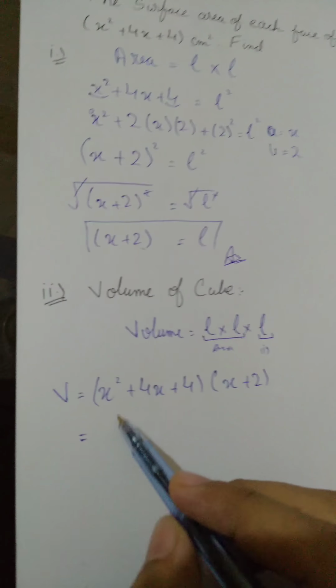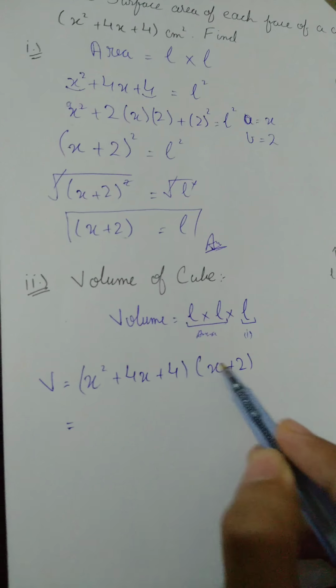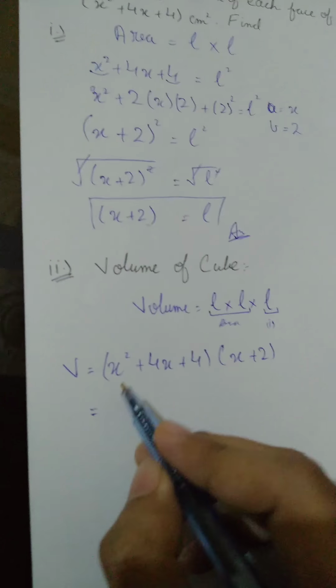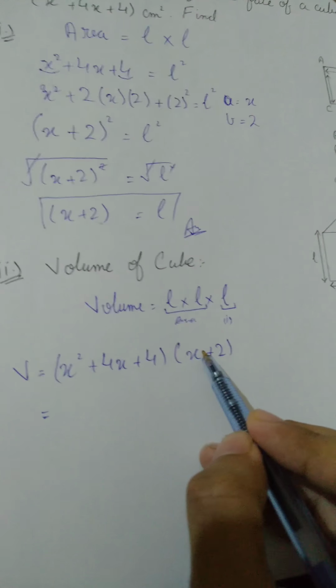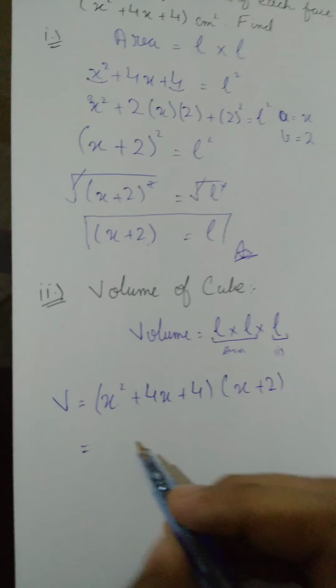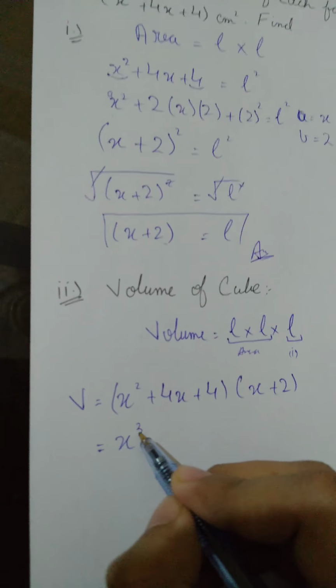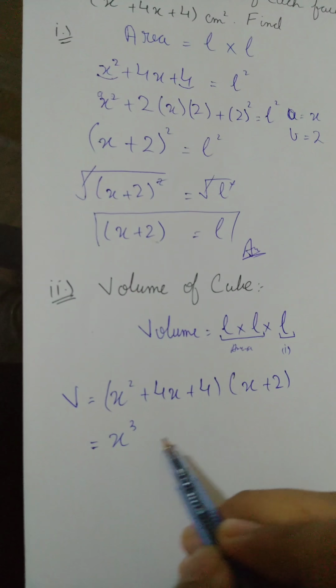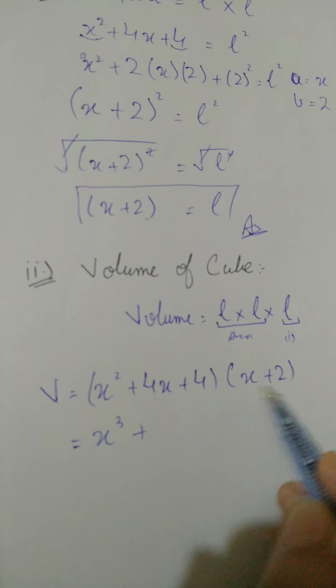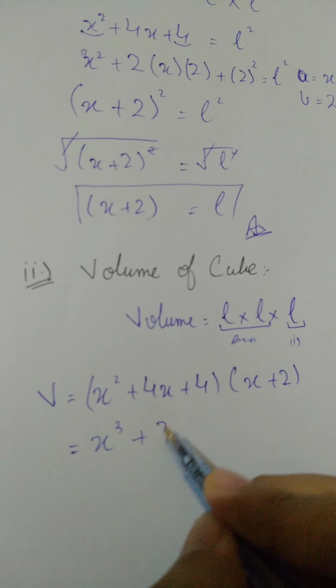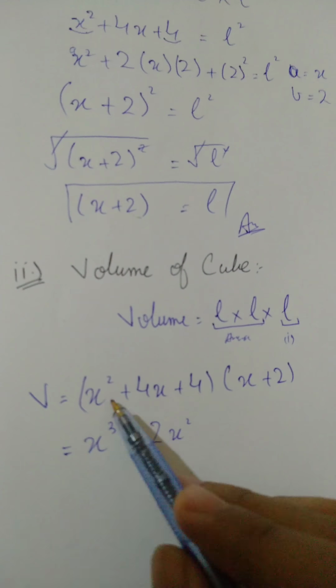The first value will be multiplied: x square will multiply with x. The coefficients are same, the powers will add. The power of this x is 1, 2 plus 1 is 3, so it will be x cube. Now plus x square into 2, which is simply 2x square. These 2 are done.